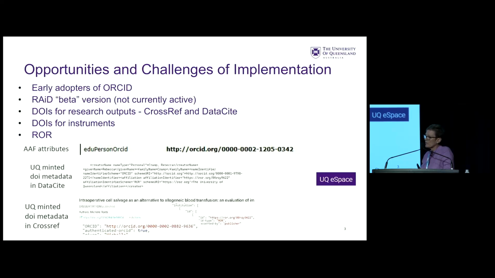We mint DOIs for research outputs, including both Crossref and DataCite ones. We use DOIs for instruments, and we make use of RoR. So when we mint a DOI for a research output, we'll include the institutional RoR in the payload, as well as the ORCIDs, and we make sure that ORCID is integrated.